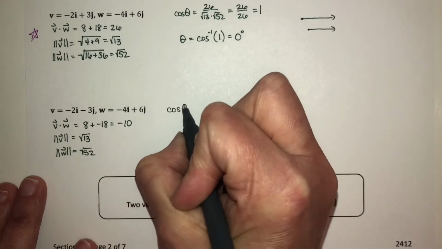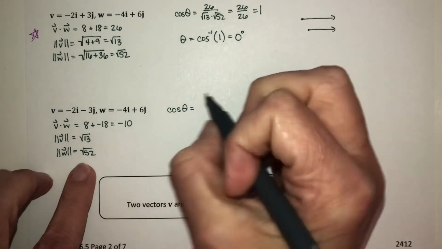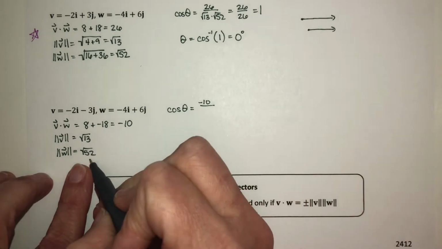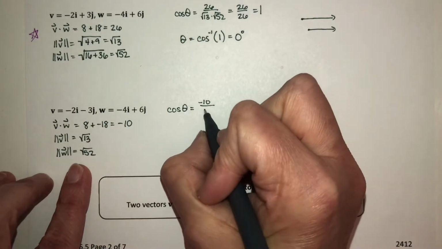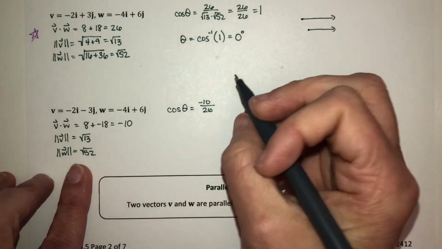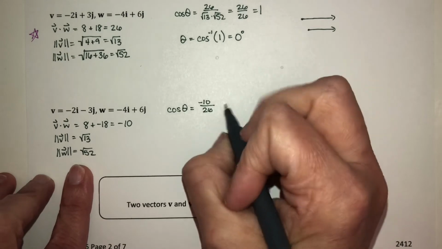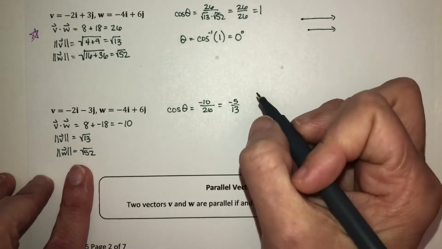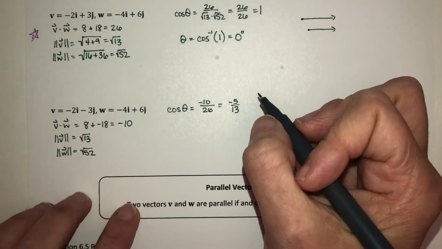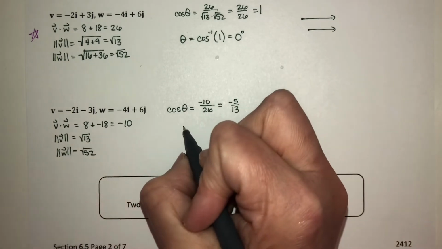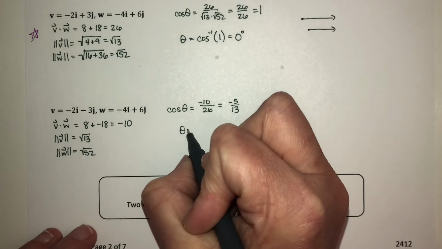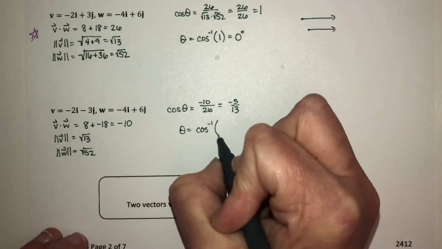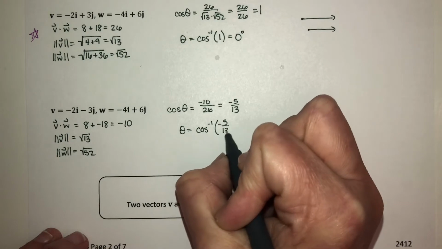So cosine of theta is going to equal -10 over the square root of 13 times the square root of 52, which is 26. And this is -5 over 13. Okay, so your theta is going to equal cosine inverse of -5 over 13.